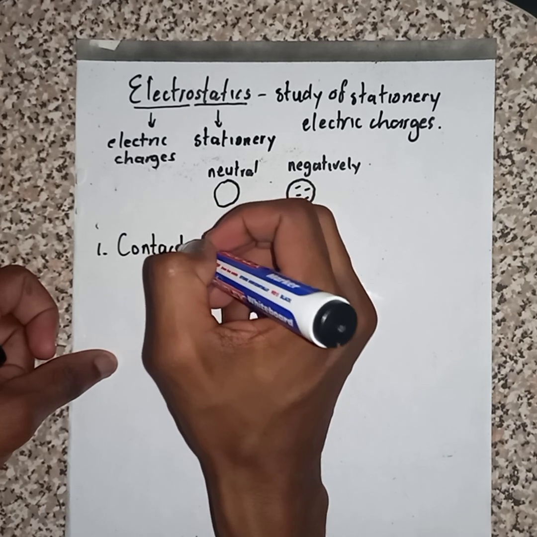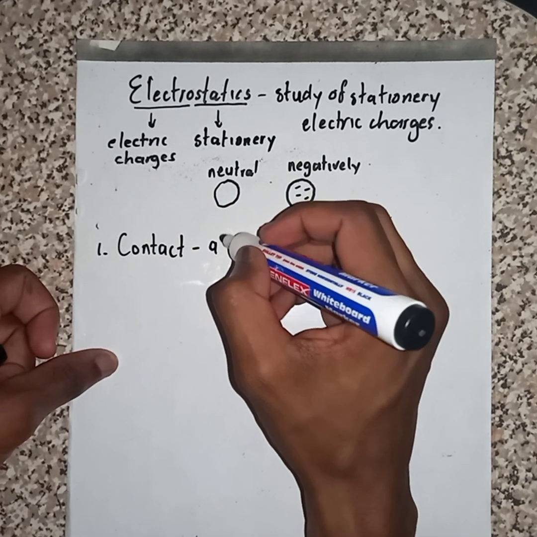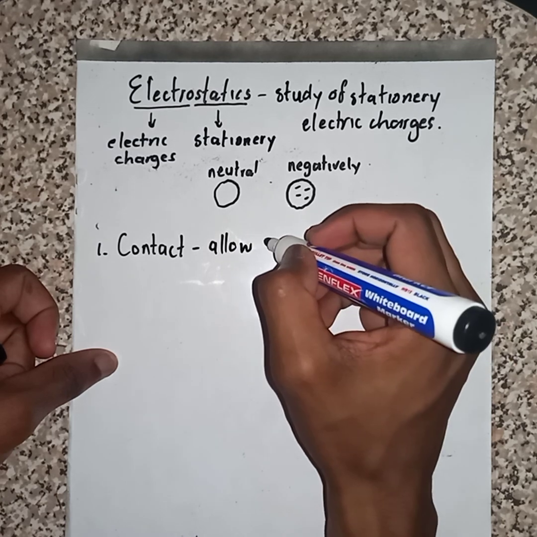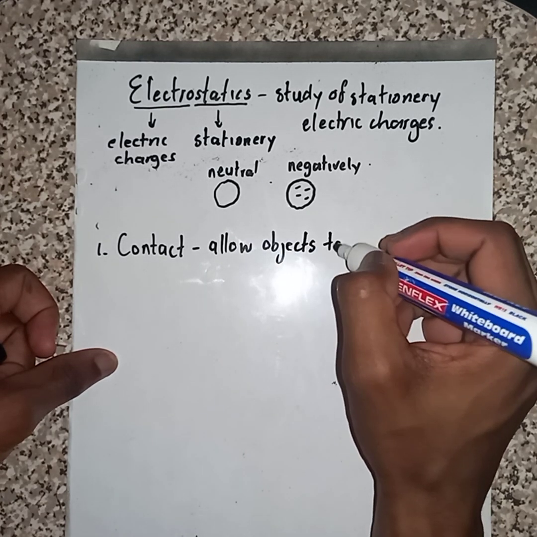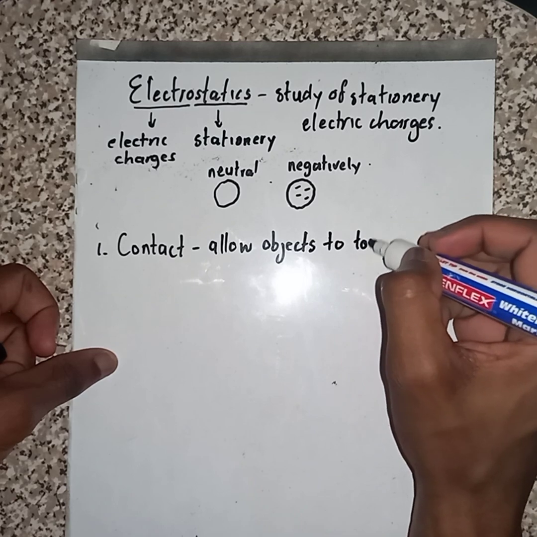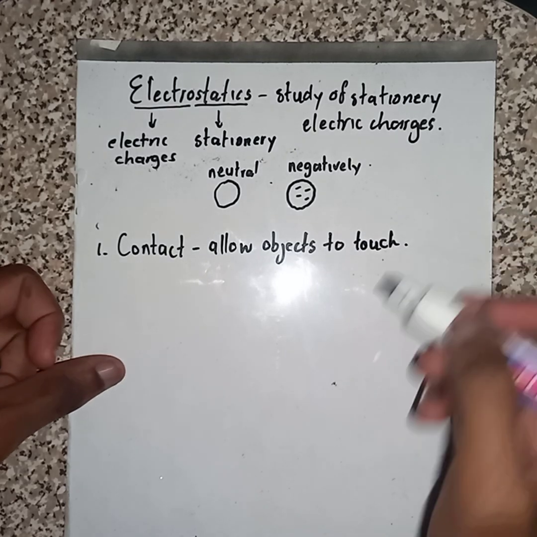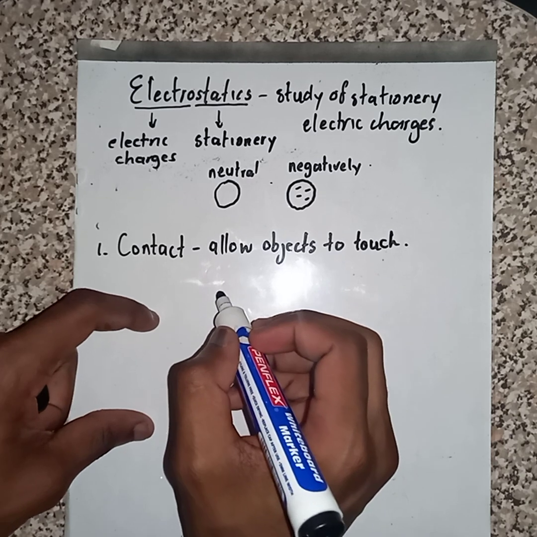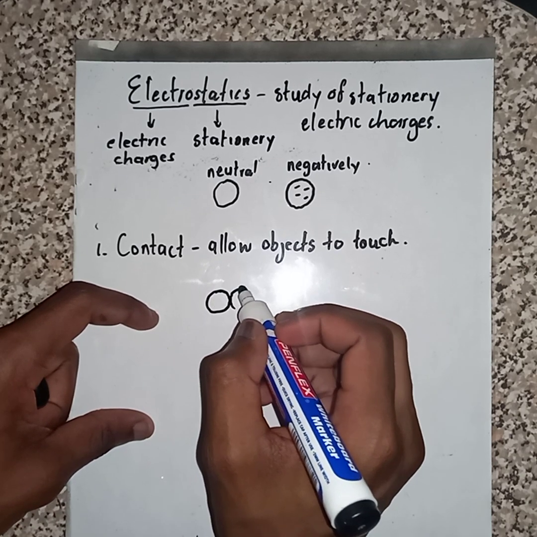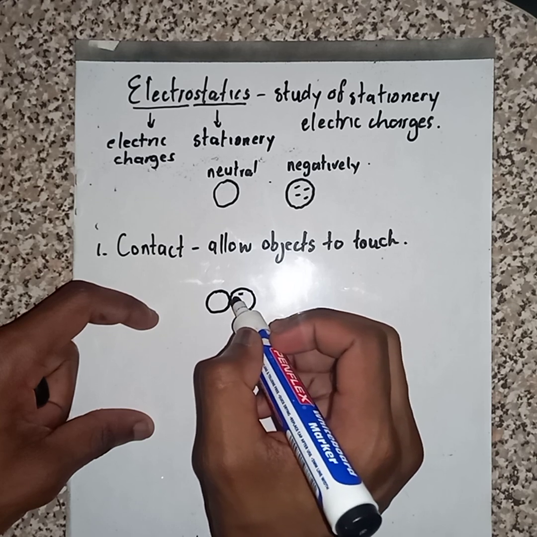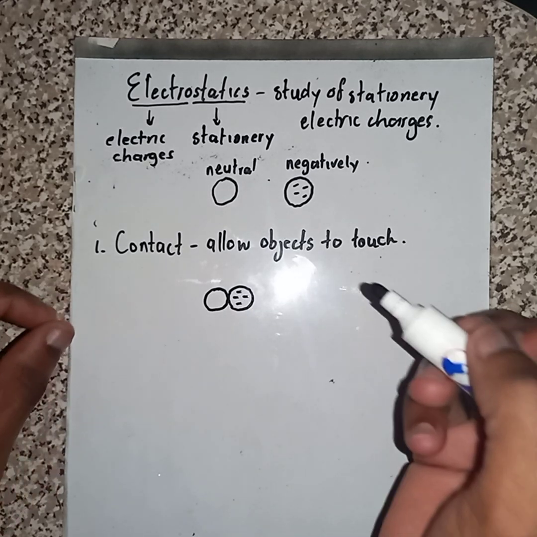Say by contact, we allow objects to touch each other. It's like now if I were to allow a neutral object together with a negatively charged object.